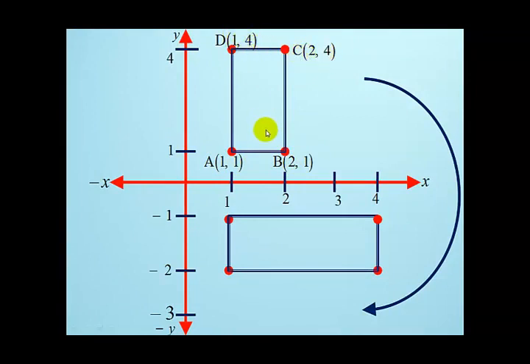Now for your exercise, rotate this rectangle ABCD clockwise through 90 degrees and find the vertices you are going to get, in order to have the rectangle as shown in this quadrant.